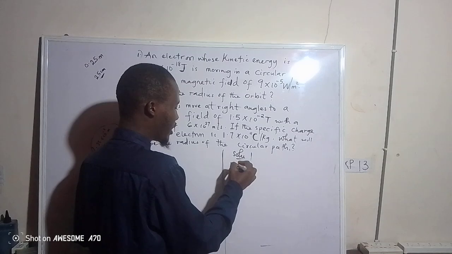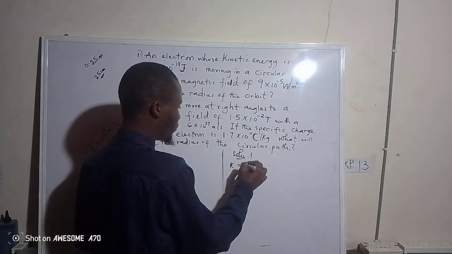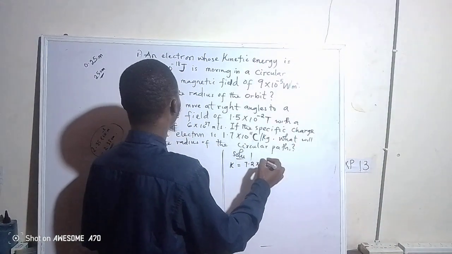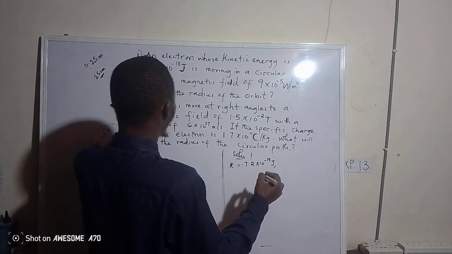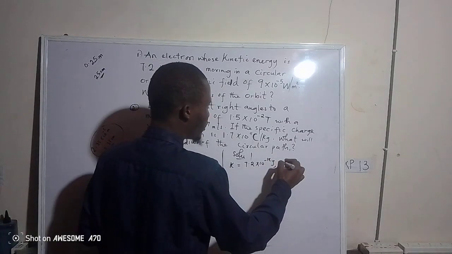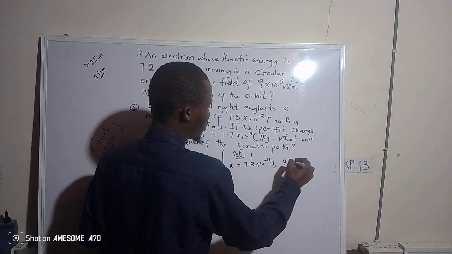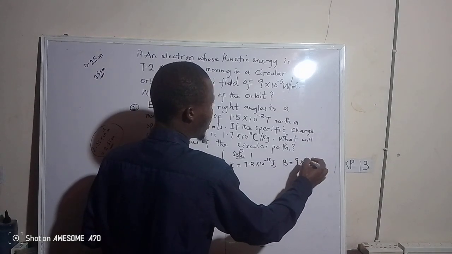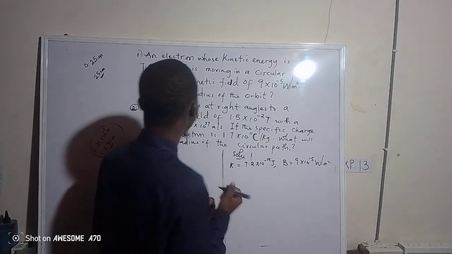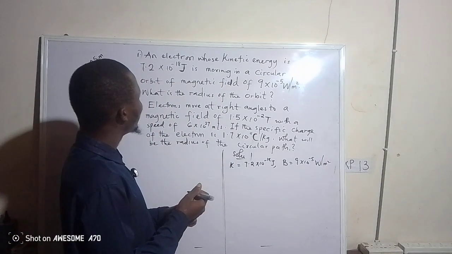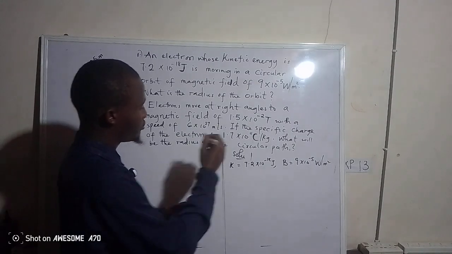We are given our kinetic energy K to be 7.2 times 10 to the power of minus 18 joules. What are we given again? We are given the magnetic field B, that's 9 times 10 to the power of minus 5 Weber per meter squared, or Tesla. Then we have to obtain the radius.